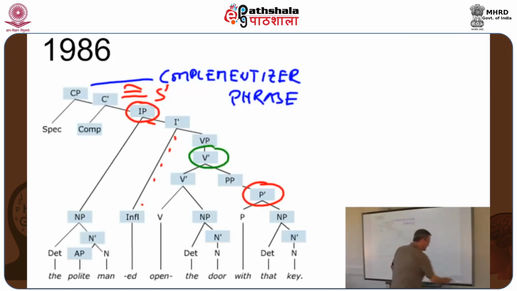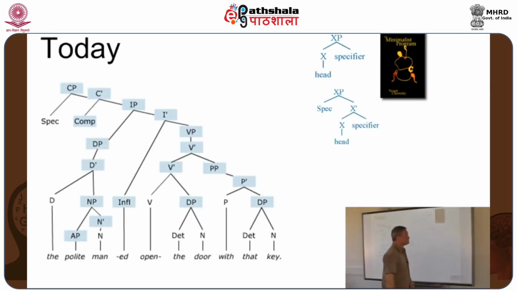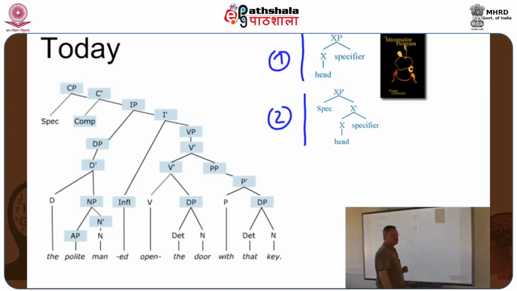Now, today's system is generally associated with X-bar syntax. No serious syntactic representation in generative grammar does not use X-bar syntax. However, we have now two different types of phrase. You can see them here. Type 1 and type 2.